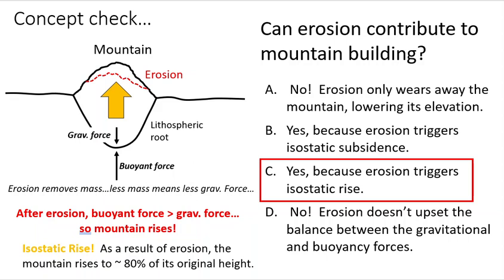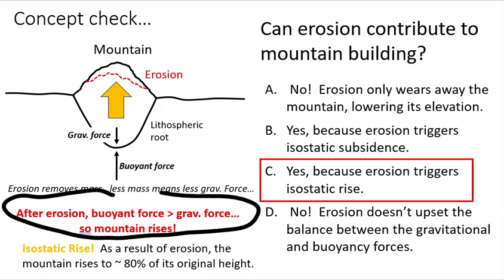Another way to say that is that as a result of that erosion, the buoyant force temporarily overpowers the gravitational force, and because of that, buoyancy wins and the mountain rises isostatically. It seems kind of strange, doesn't it? But actually, yes, mountains last longer on planet Earth as a result of erosion and isostatic rise.